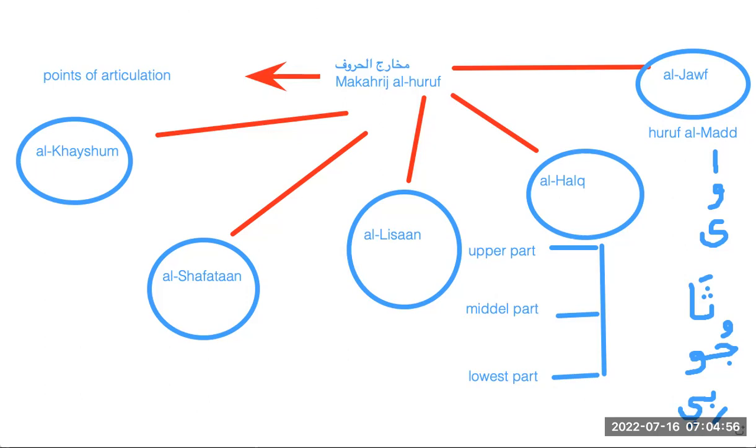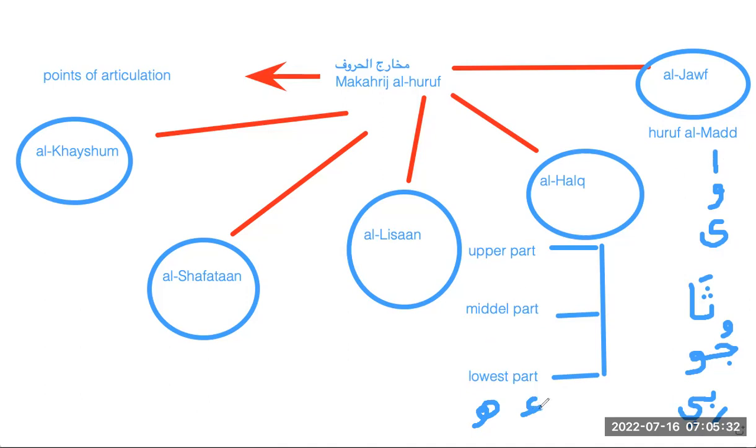In the lowest part, 2 letters come out from this part. What are the letters? The hamza and the ha. Hamza is different from alif.